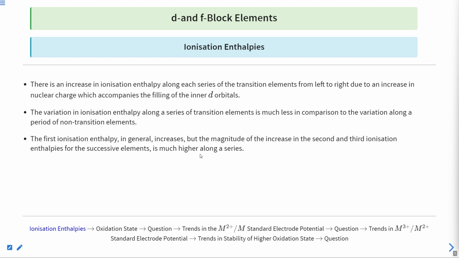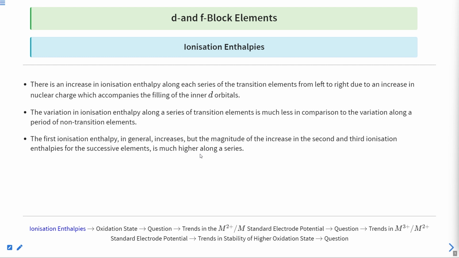If you compare two successive elements in the same period, the difference in ionization enthalpy between them is not that much. But if you compare two elements next to each other in the vertical sense, then you will see a change in ionization enthalpy. Clear? Got it?